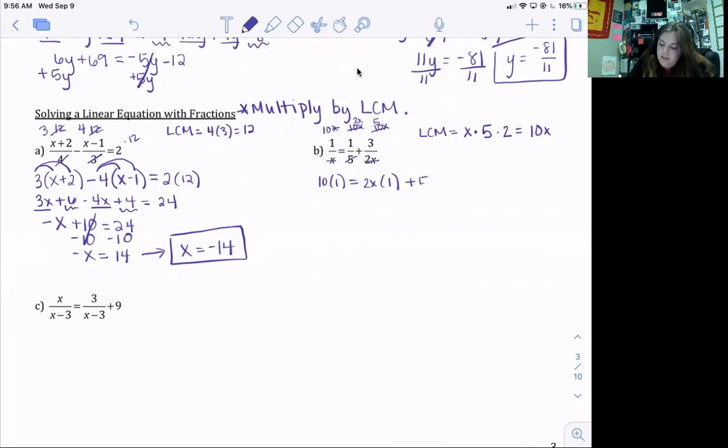So we're going to do 5 times 3. So 10 times 1 is 10. 2x times 1 is 2x. And 5 times 3 is 15. Just to get x by itself, we're going to subtract 15. So 10 minus 15 is negative 5, which equals 2x. Divide both sides by 2, and x equals negative 5 halves.